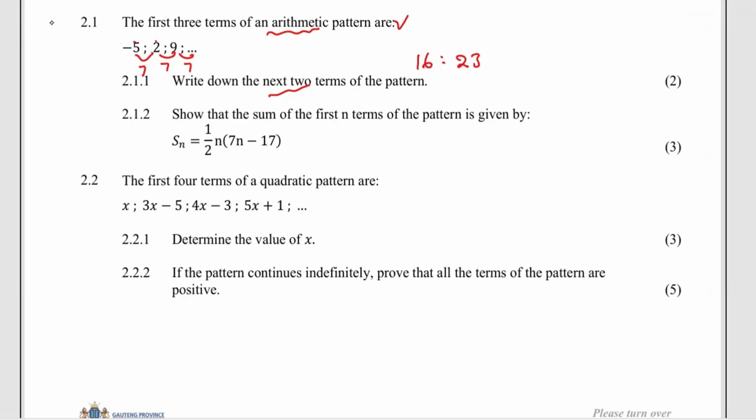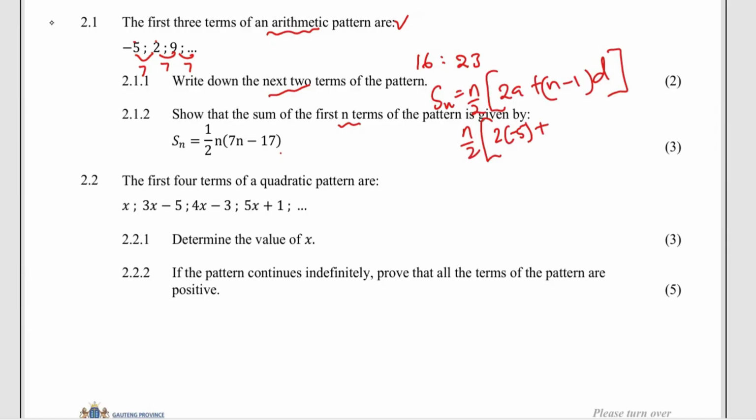Then can we show that the sum of the first n terms will be given as this? There are 2 ways to do this. We can say Sn is basically n over 2 into 2a plus n minus 1 into d. That's the formula for the sum of an arithmetic series. Then let's do the substitution. N over 2, our first term is a negative 5, plus 7 is our d, meaning that we're going to have 7n minus 7.